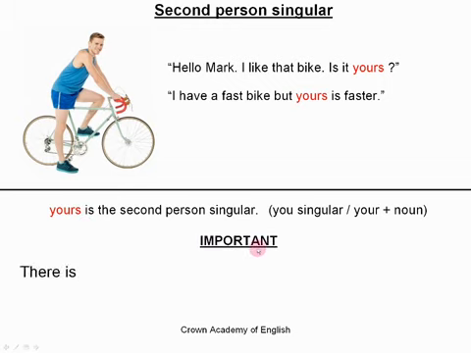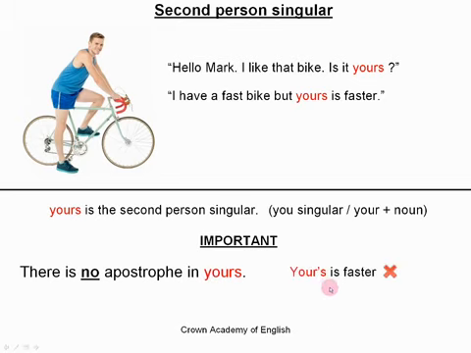Important. When we write it, there is no apostrophe in the word yours. Yours is faster with an apostrophe is wrong. Without an apostrophe, yours is faster is correct. Very important when we are writing it.